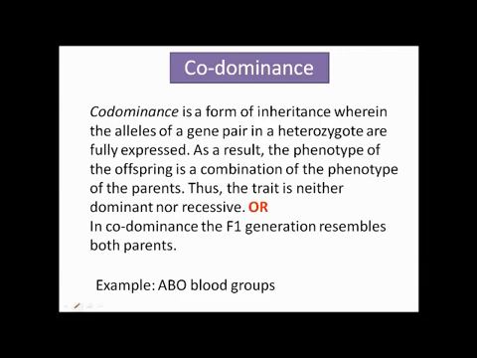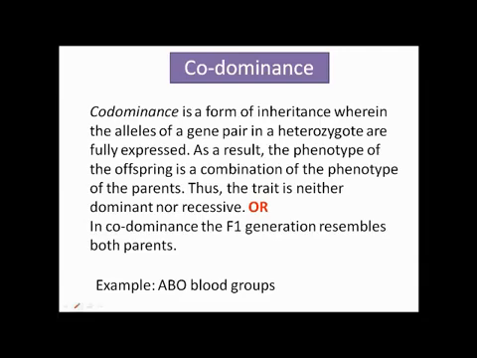But in this case, co means both, and both the heterozygotic alleles show their dominance in such type of inheritance. So this is also a non-Mendelian inheritance where Mendel's ratios are not completely followed, and there is a slight variation in the results that were shown by Mendel in these inheritances.